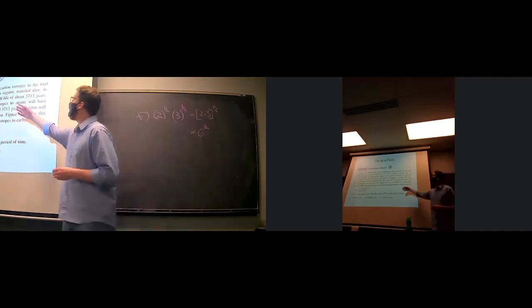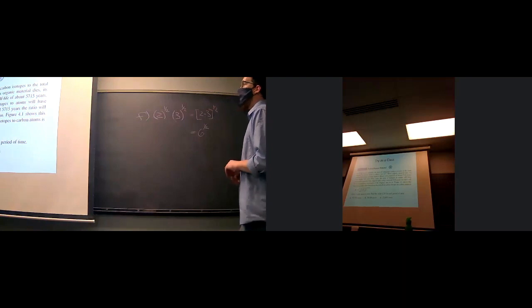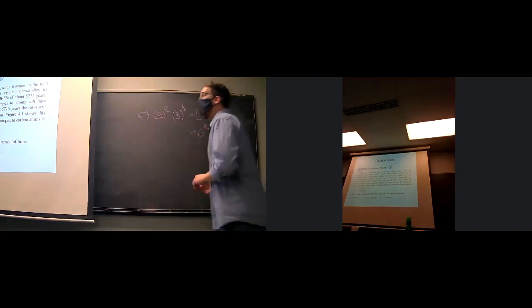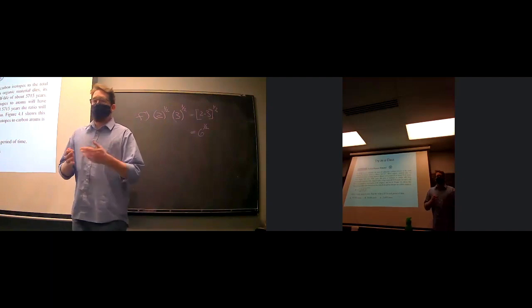But they use that to set up an idea of how old particular items are. In the case of organic material, they use carbon generally because we know organic material, as long as it's alive, is going to have a certain ratio of carbon-14 to carbon-12. And this is how we're able to use it to calculate the age of a thing.